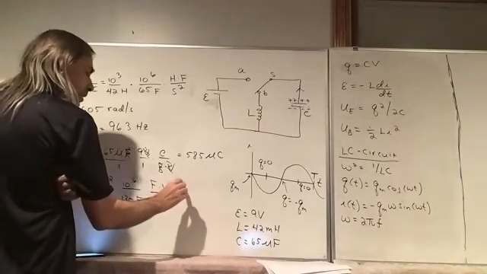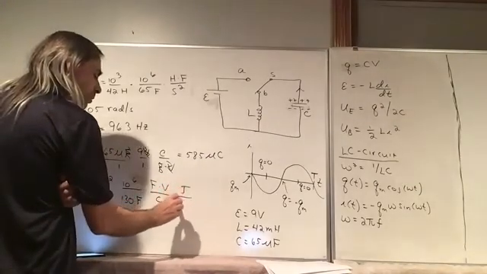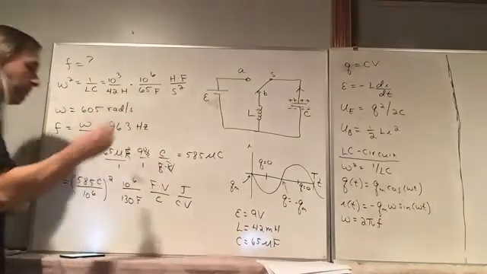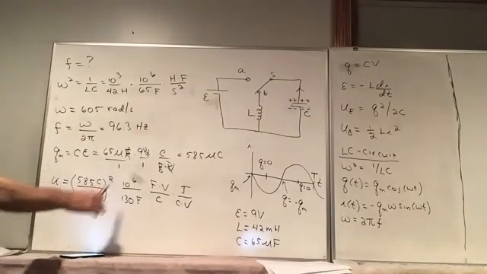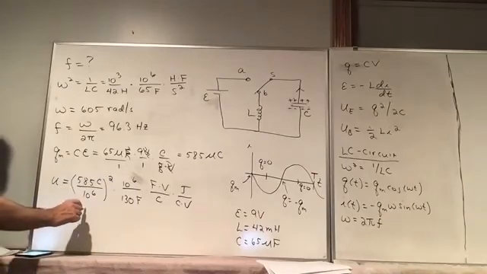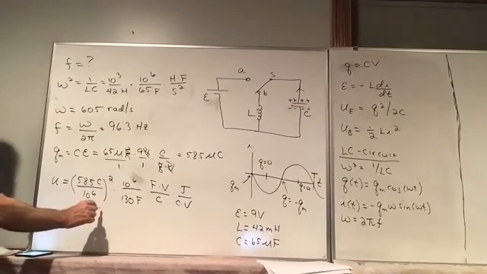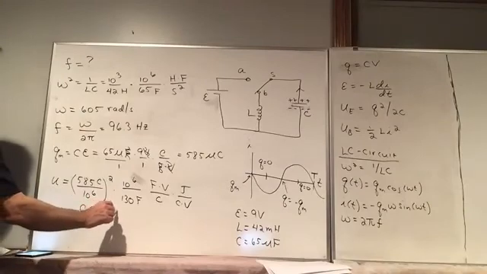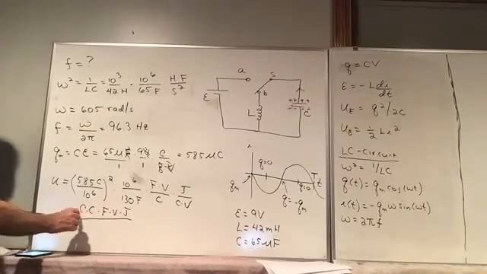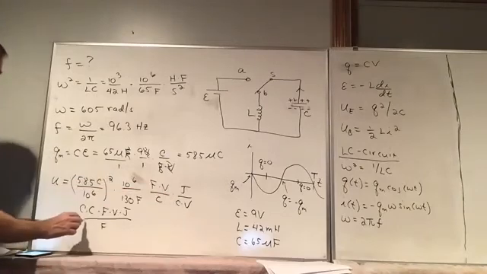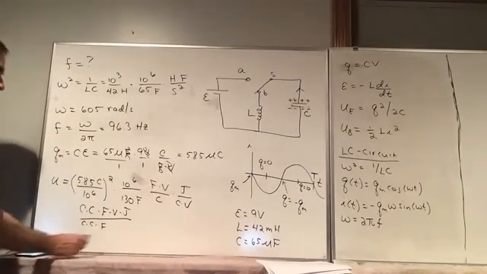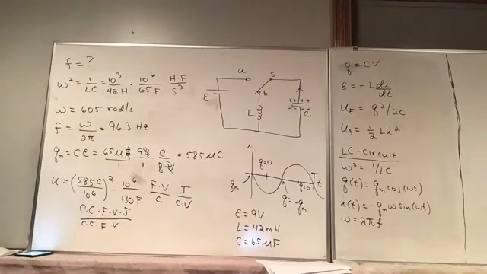Oh wait, this might work actually. A joule is equal to a coulomb times a volt. Yeah, that actually works. Here we have coulomb squared, and on bottom we have a farad, 2 coulombs, and a volt. So everything cancels out, we're left with joules.